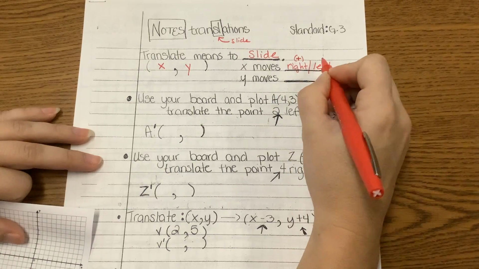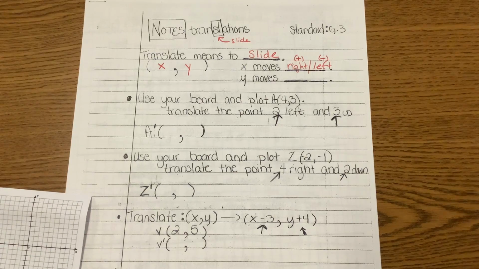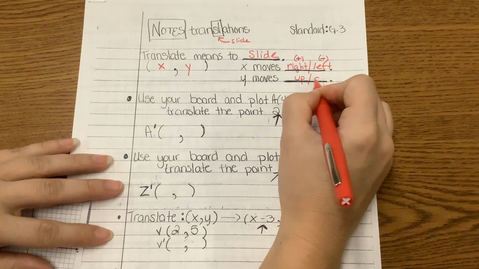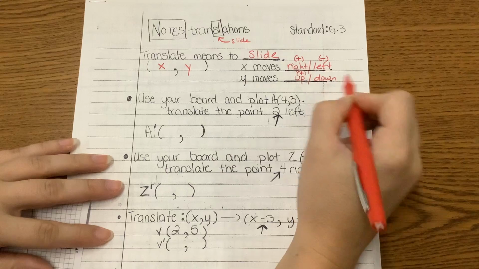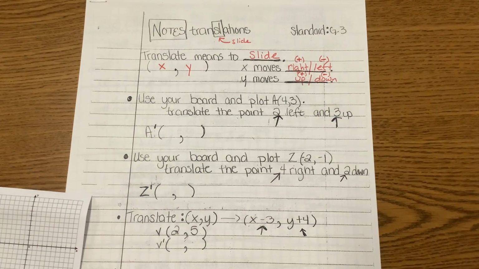Right is positive and left is negative. So if we are adding to it, we're moving it to the right. If we're subtracting from it, we're moving it to the left. And the Y value moves what direction? Up or down. And up is what? Positive, and down is negative. So make those little notes.